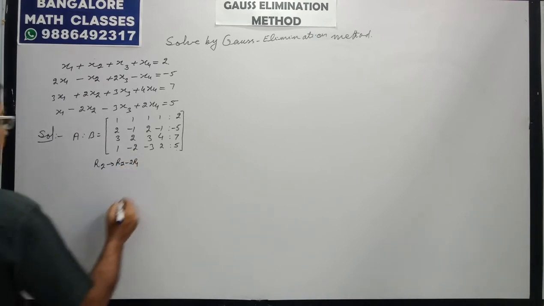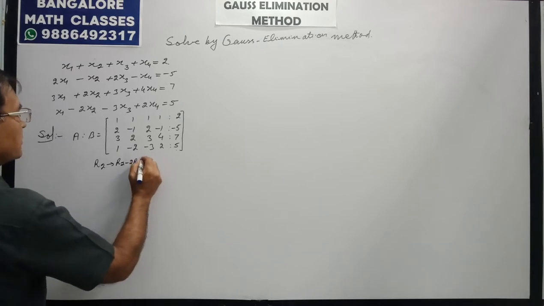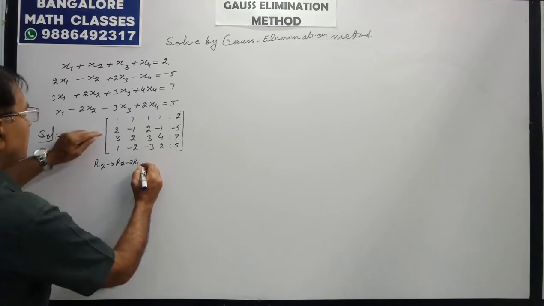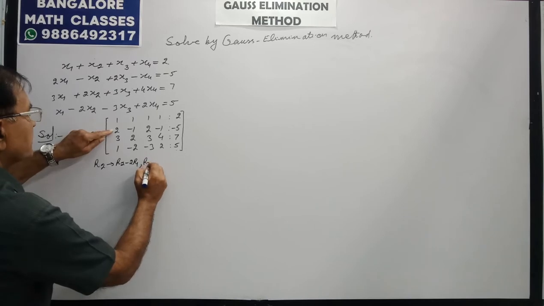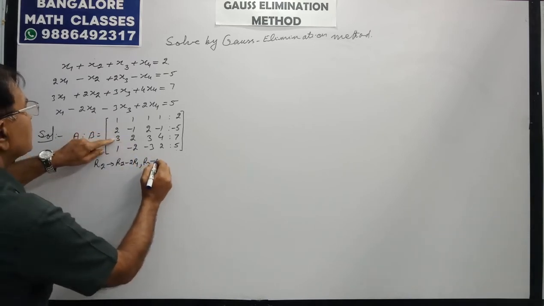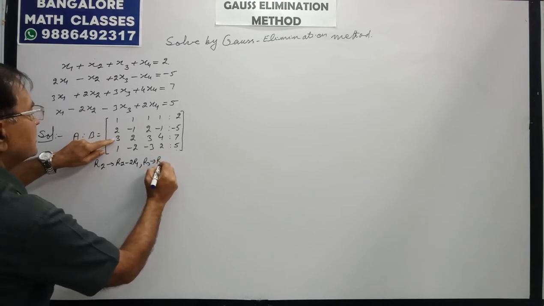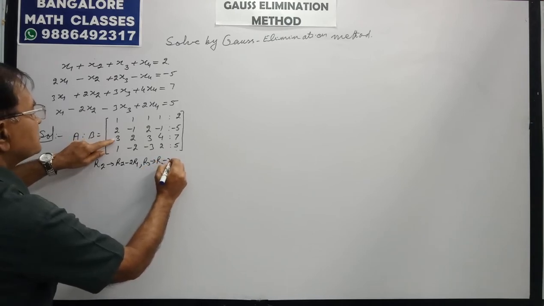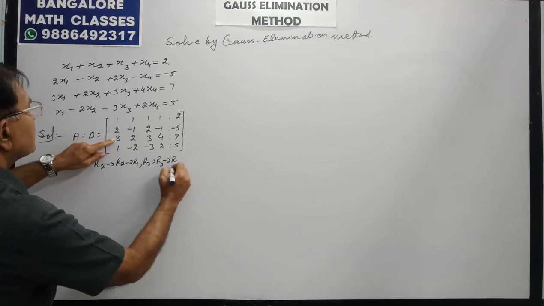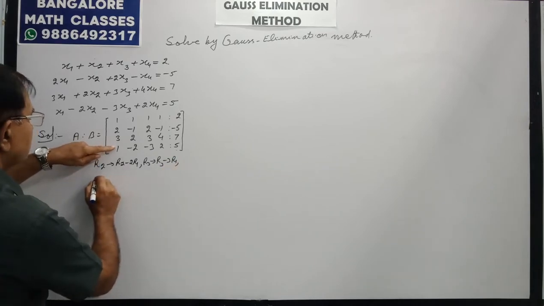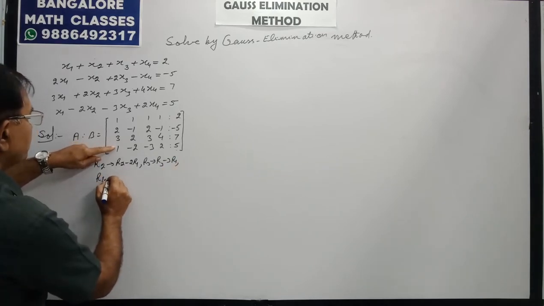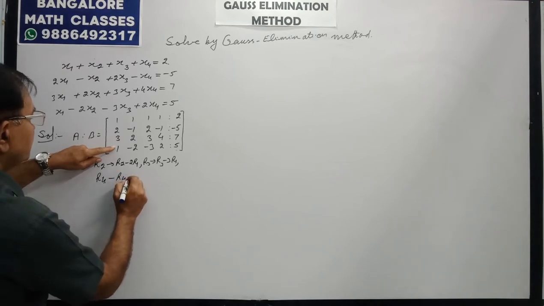Then R3 to R3 minus triple of R1. Then R4 to R4 minus R1.